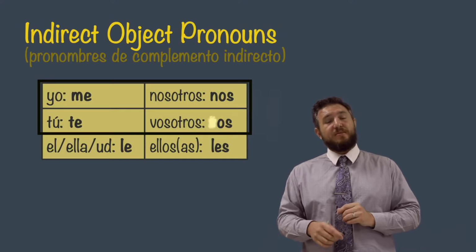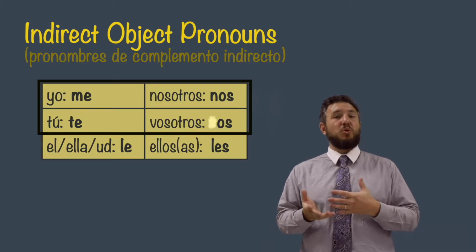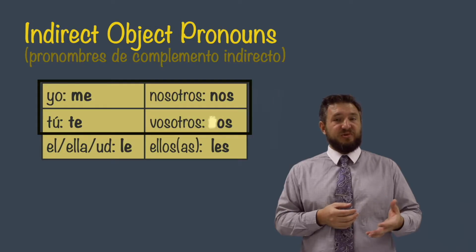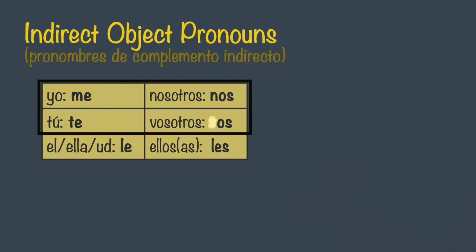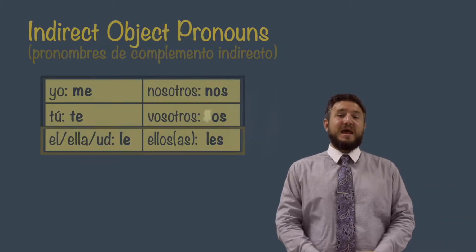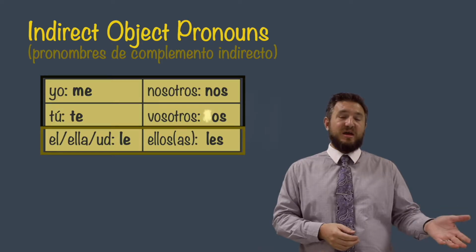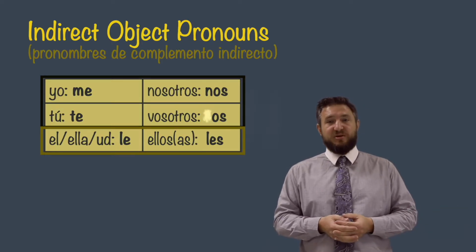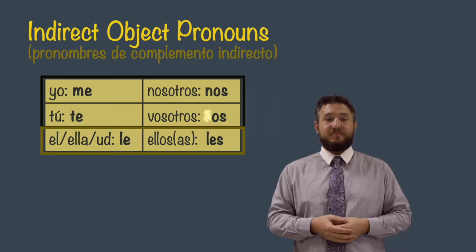Now, before you start to feel overwhelmed, notice that the first four pronouns are exactly the same as what we already learned for the direct objects. Me, te, nos, os. So it's only for él, ella, and usted, or ellos, ellas, and ustedes, that we have a change from the direct object pronouns. In this case, le and les.